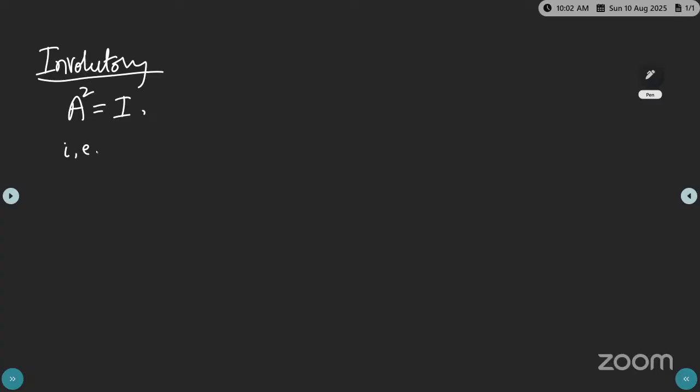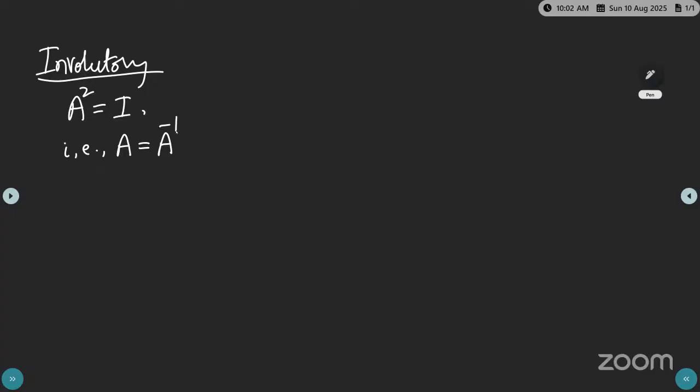That is, A equals A inverse. Involutory means it is its own inverse.